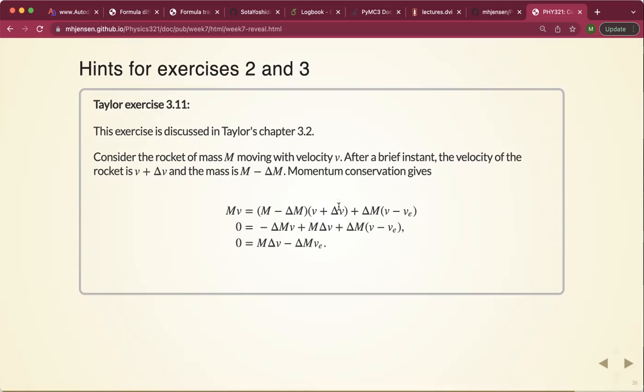As you can also see in the textbook, you assume that this is small, so you just drop it, because it would be a second-order correction. This is a typical trick, or approximation, which you would often use when you're looking at equations. It also simplifies the mathematics, because otherwise things would become much more difficult.